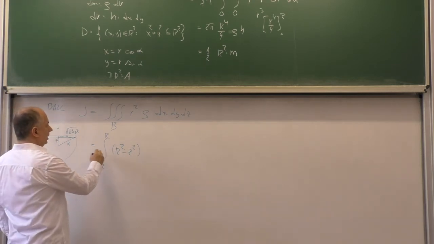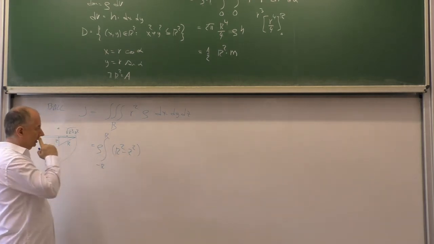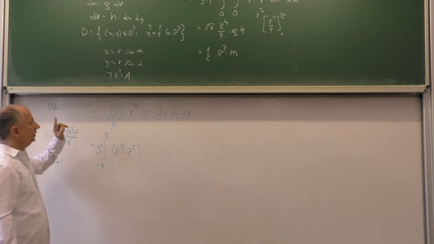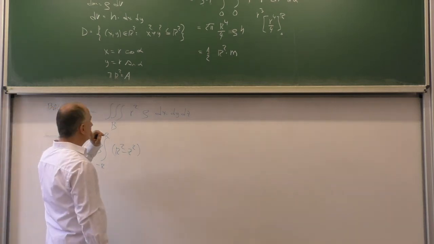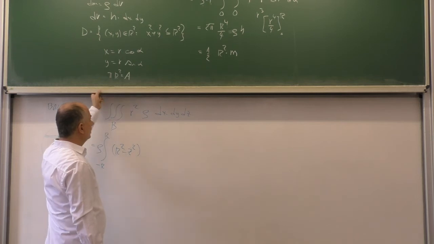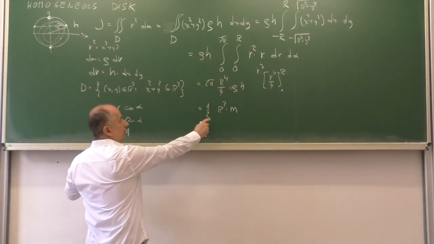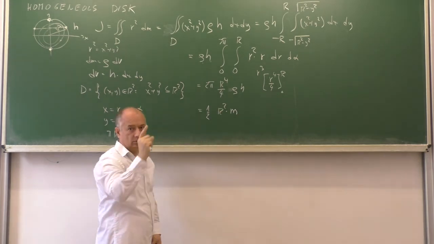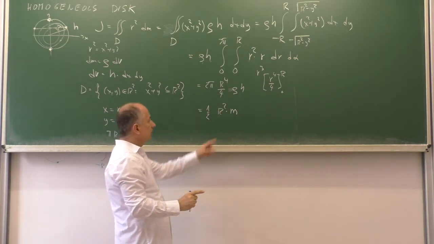We can factor out rho in front of the integral, and then we use this result, 1/2 of the square of the radius of the disk times m.